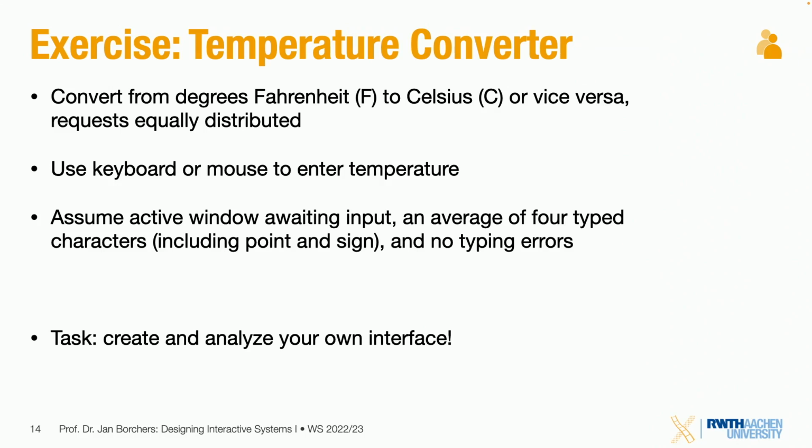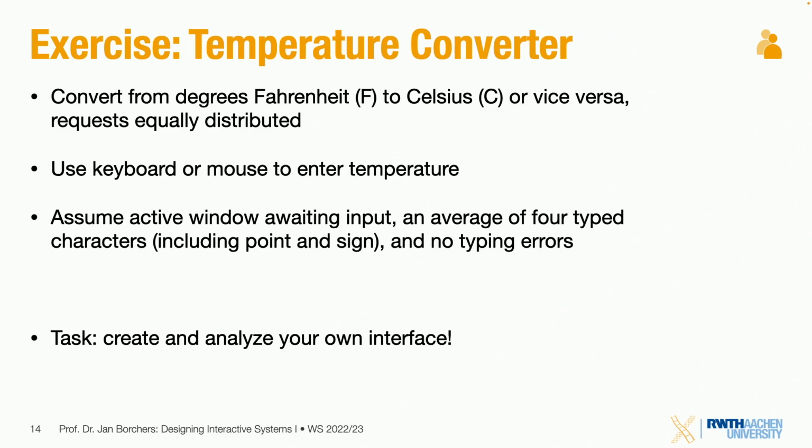Let's also assume an average of 4 typed characters, including the decimal point and the minus sign. So on average, 4 typed characters. Sometimes it's 32.7, that's 4 characters. Sometimes it's minus 6.8, that's also 4 characters. Sometimes it's minus 32.7, that's 5 characters, but then other times you have less than 4.